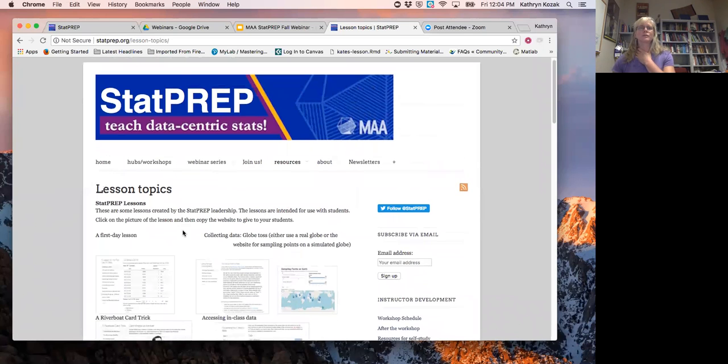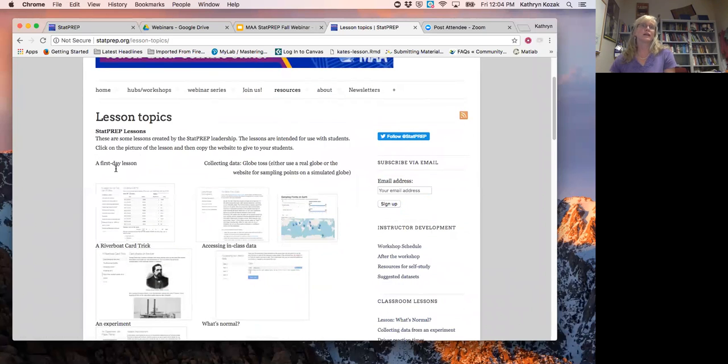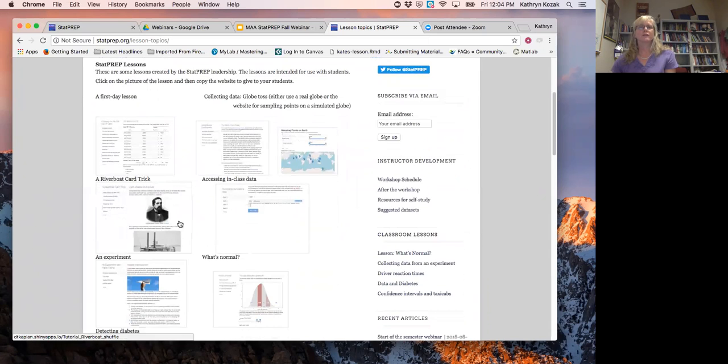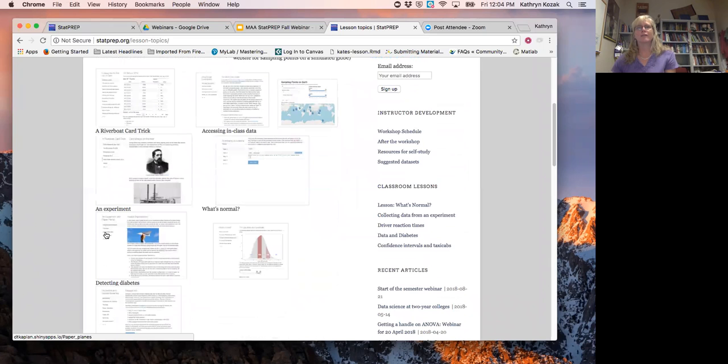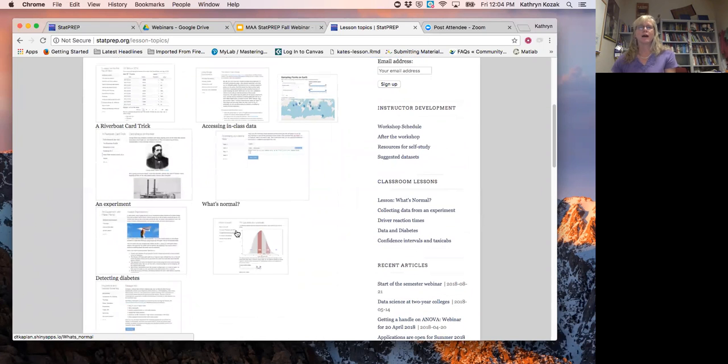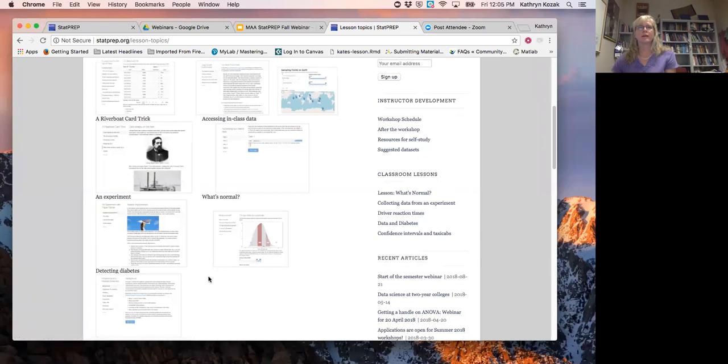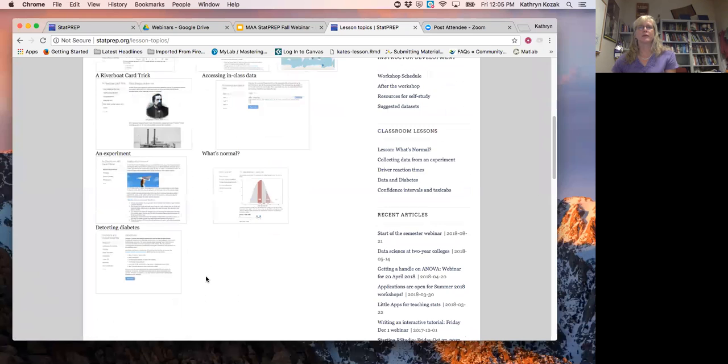We have a first day lesson that I actually used this semester, and some other ones you can use. My favorite one is the experiment where students throw paper airplanes. Another favorite is about what's normal and what normal means. And then we have a couple of other ones.